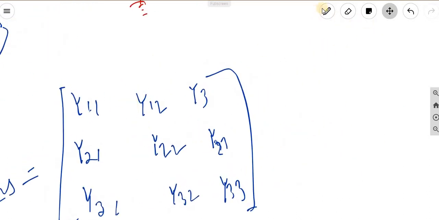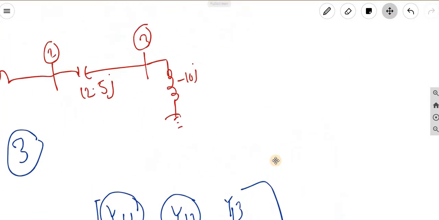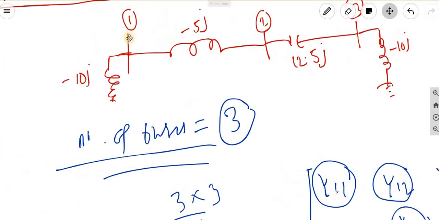Now what would be the value of Y11, Y12 and Y13? This we are interested in. Okay, what would be the value? So if you see Y11, this bus is connected with 2, not connected with 3.